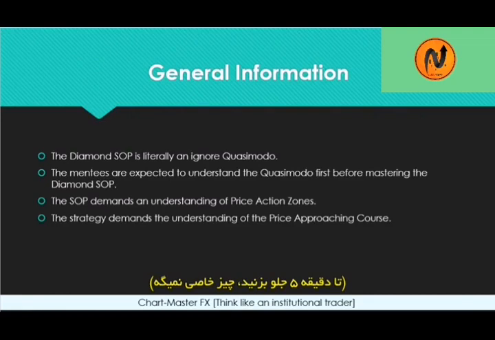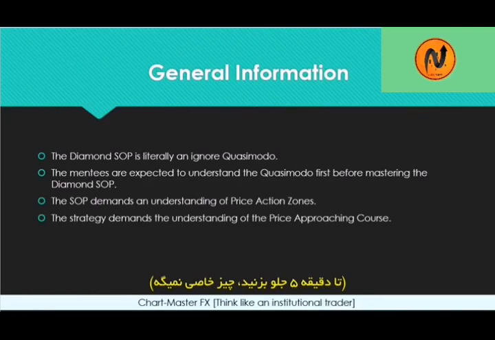If you join Chartmaster FX, guys, I can tell you, your life will never remain the same. You will change for good, and you will see that your performance on the market improves, and you actually read the market with a different perception. Most people use indicators, but you don't need indicators to see these things in a better sense on the market.